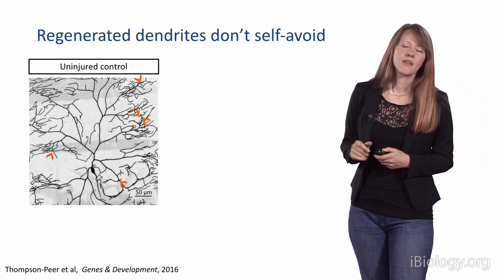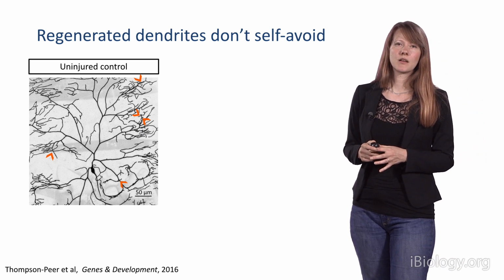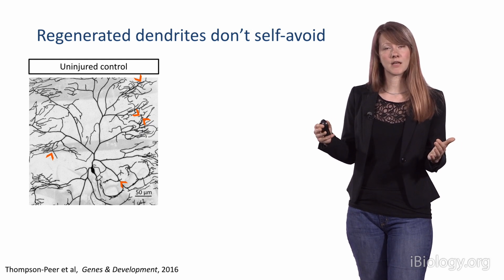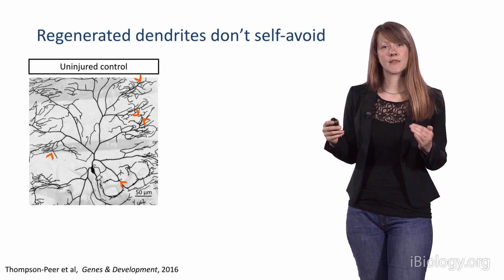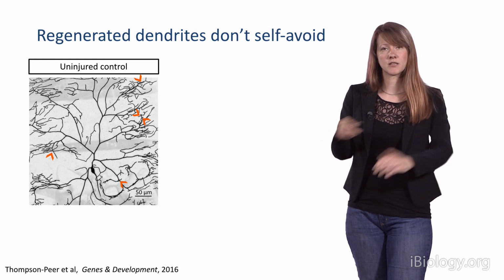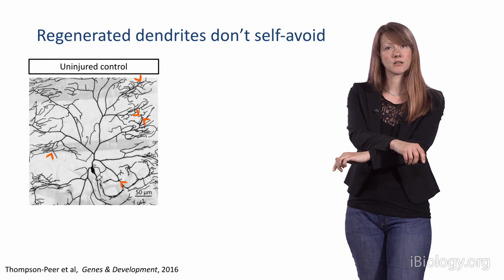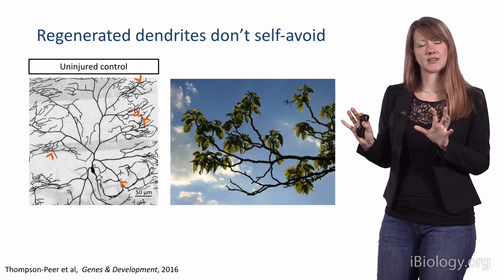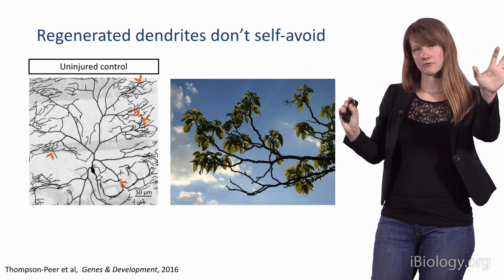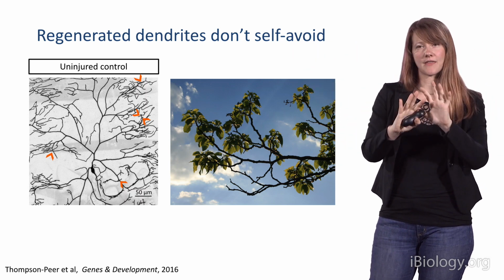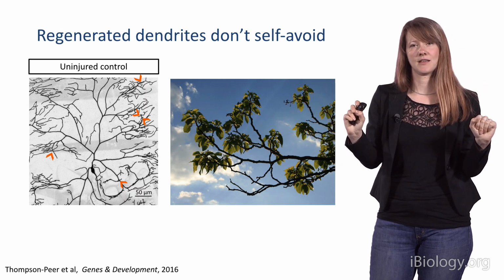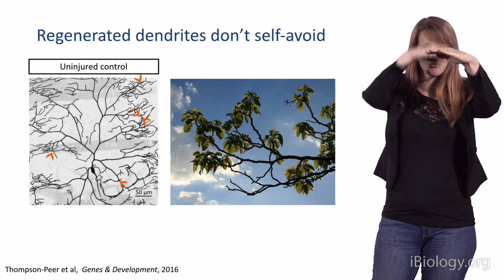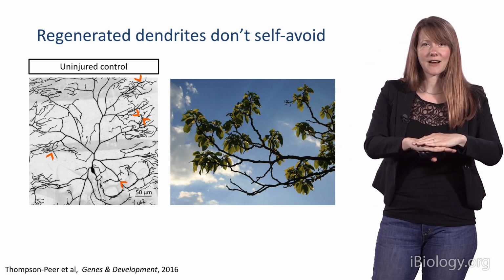So I mentioned before that each of these neurons is responsible for covering a distinct and non-overlapping territory on the body wall. And within that territory also, the dendrite branches of a single neuron generally don't cross over one another. This is kind of like a tree, where the tree's branches stretch out, grow out, and it's important that they expand and cover that territory so that the leaves are catching as much sunlight as possible as opposed to all being on top of one another to block each other out.